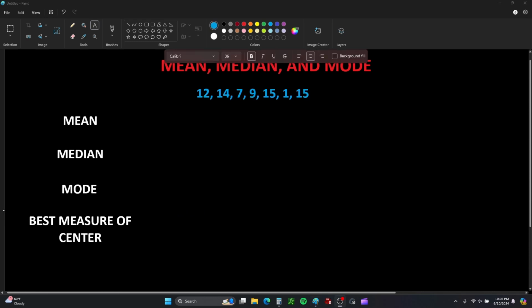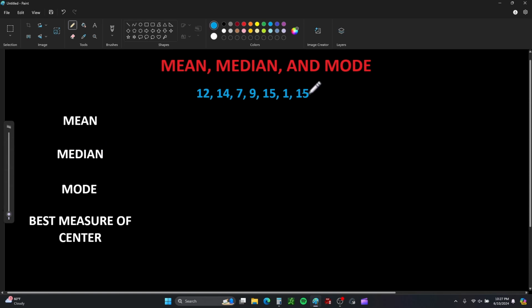So here we have a new number set, and before I even start, I'm not going to be able to calculate the median when I get down to here, because these numbers are not in order. So what I want to do is reorder them first. As you bring them down, I write the 1, cross it off. The next smallest one is 7. I write the 7 and cross it off.